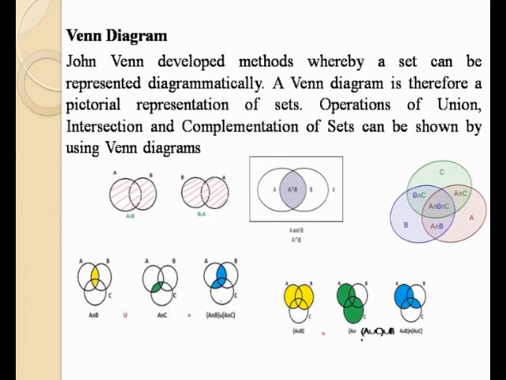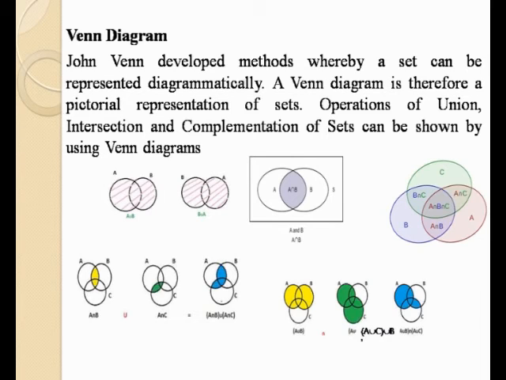Then the next one is A intersection C complement intersection B complement, and that's the portion being shaded. Here we are dealing with elements that can be found in A, that cannot be found in B, that cannot be found in C, but can only be found in A. Then we have A intersection B complement.